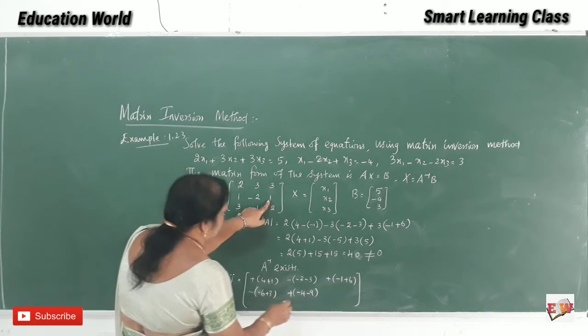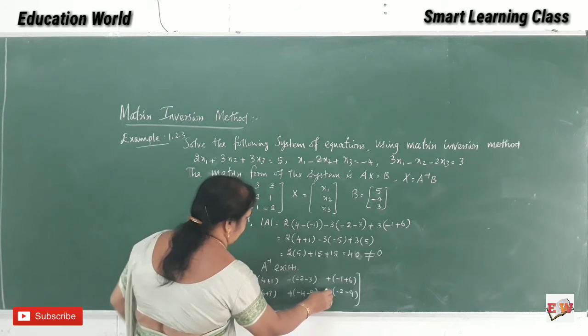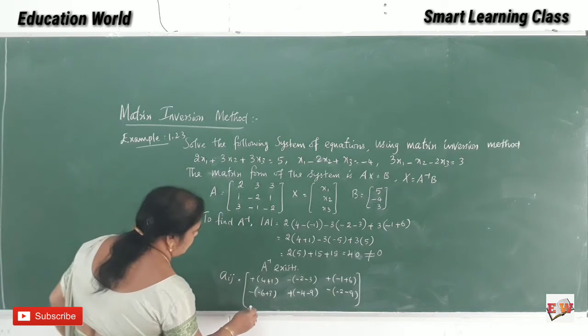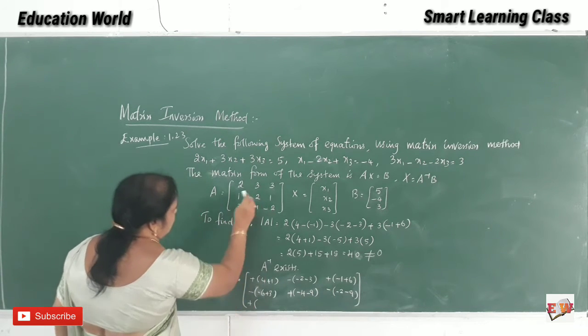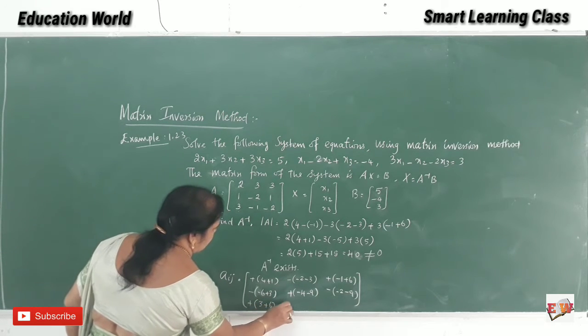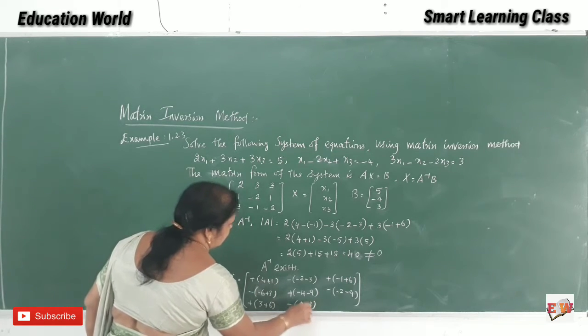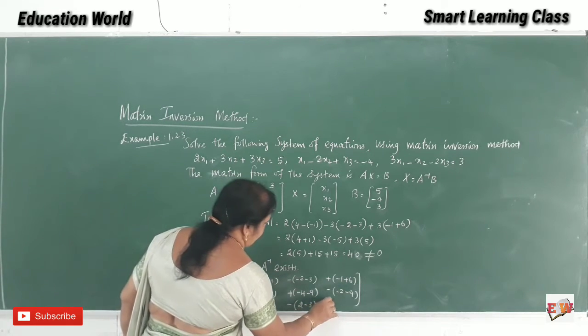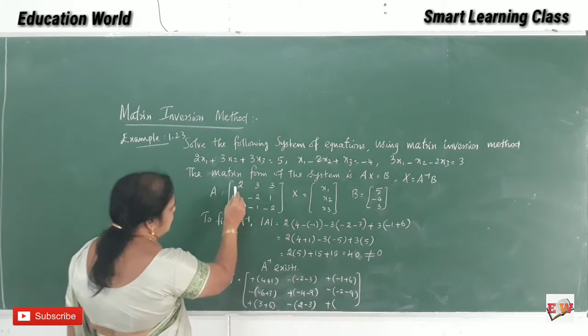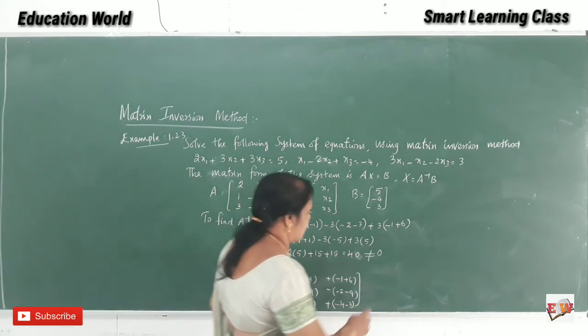For this entry, minus 2 minus 9. Then 3 plus 6, minus 2 minus 3. Final element, minus 4 minus 3.